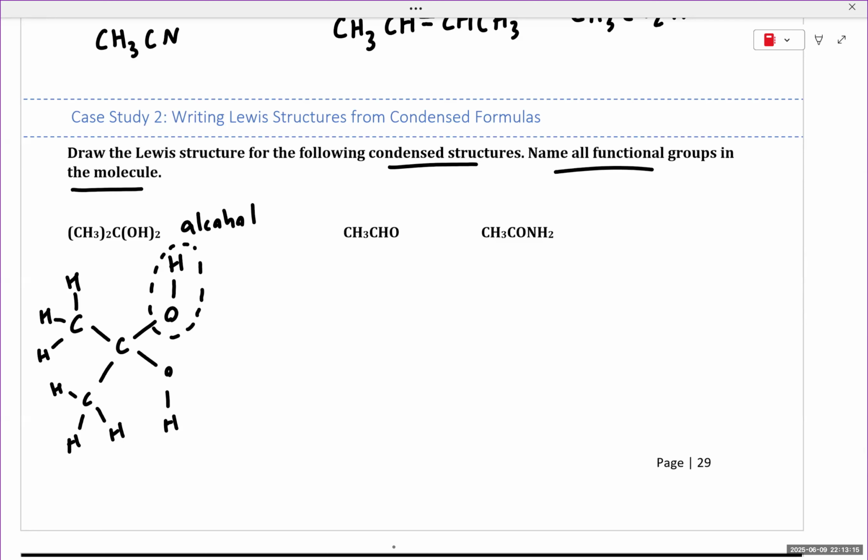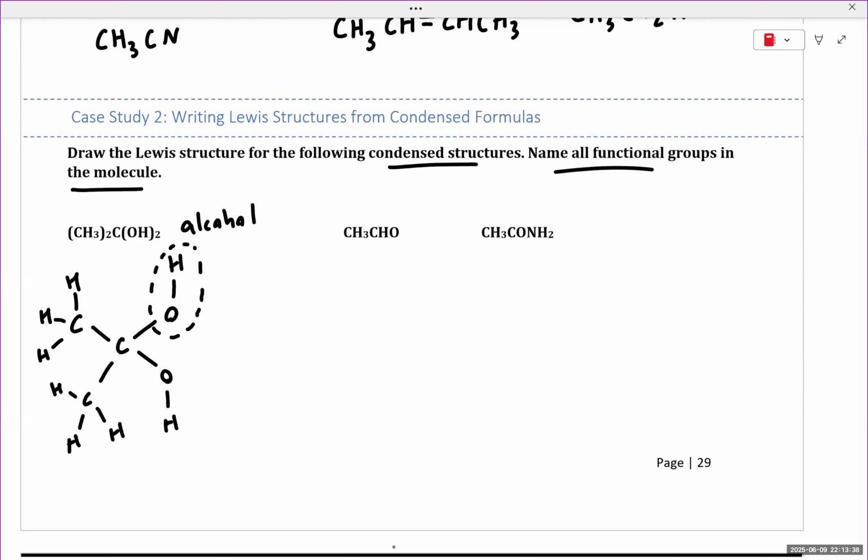When you have a carbon attached to these two oxygen atoms, this looks very similar to a functional group that we'll talk about later, which are acetals and hemiacetals. But in this case, we don't have the exact connectivity matching that functional group. So it's fine for you to label this as just an alcohol.